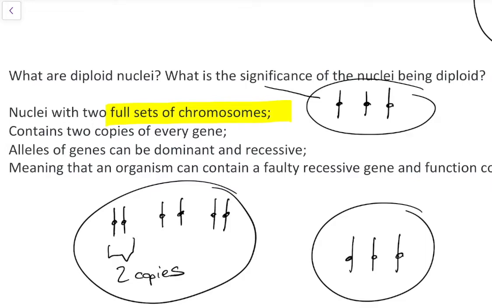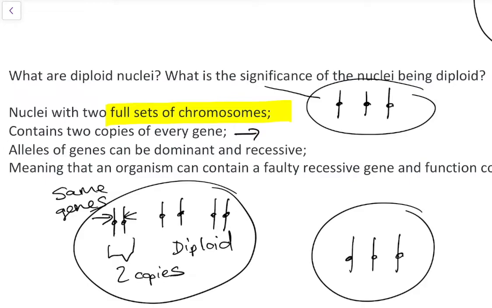And so now this cell is diploid because it's got 2 sets of each chromosome, and that means because these have the same genes at the same locations, it means we have 2 copies of every gene.